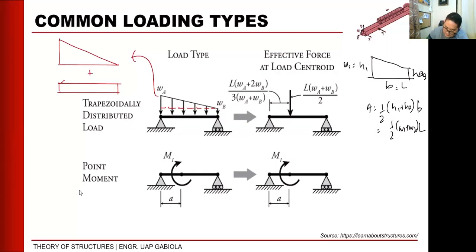Okay? So, ito yung magiging WB natin. Kung WB to, ibig sabihin nito, iba na yung height niya. That will be WA minus WB. Okay? So, kapag ganyan yung cases natin, pwedeng gawin natin yung ECL ng triangular, ilalagay natin ganyan, and yung ECL ng rectangle. So, may dalawa tayong ECL na equivalent nung load type na trapezoidal natin dito.